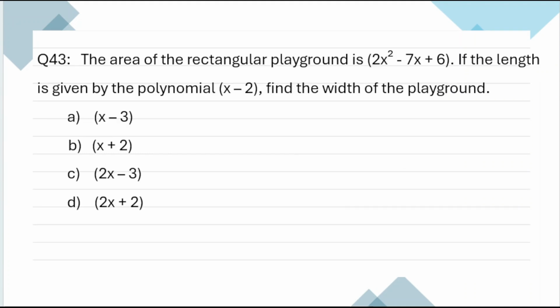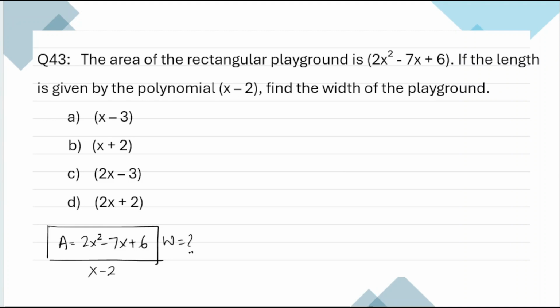The area of the rectangular playground is this. So we have a rectangular playground. What is the area? The area is 2x square minus 7x plus 6, and the length is given by the polynomial x minus 2. Find the width of the playground. So area formula is length times width.